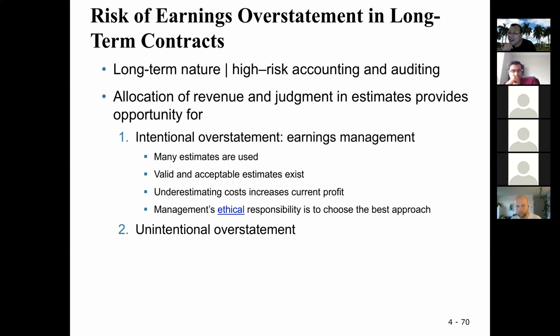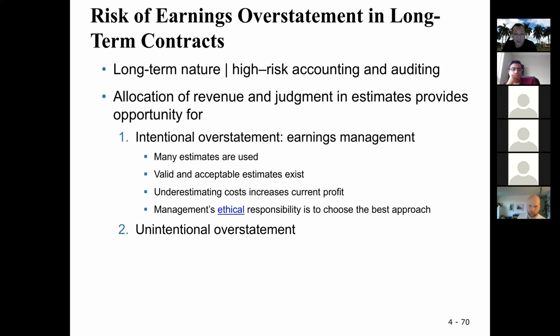If they want to recognize more revenue in the current year, they will try to underestimate the cost to complete, so that the percentage of completion is higher and they can recognize more revenue. So you can see how they can use the estimation to inflate their revenue and their earnings.